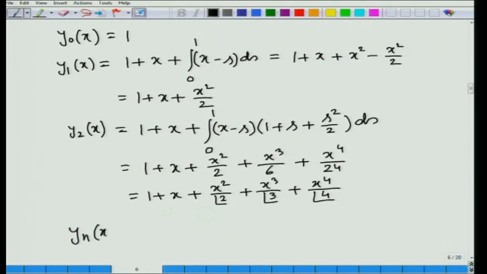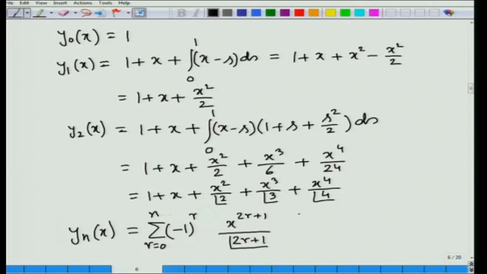So, ultimately yn x is equal to sigma r running from 0 to n minus 1 whole to the power r x to the power 2 r plus 1 divided by factorial 2 r plus 1.